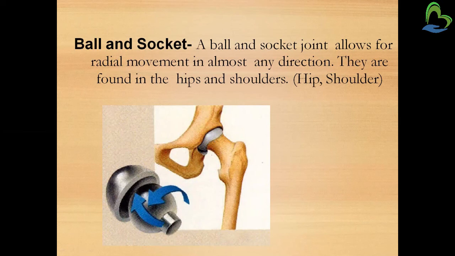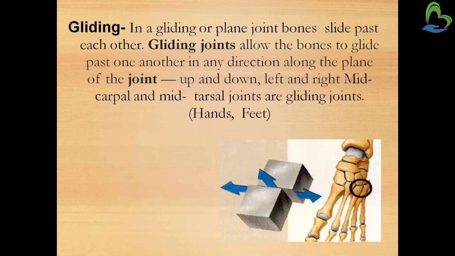Okay, then the gliding joint, or we can also say plane joint, where bones slide past each other. Gliding joints allow the bones to glide past one another in any direction along the plane of the joint, right? The general meaning of glide is free movement. These types of joints are present in the hands and feet.